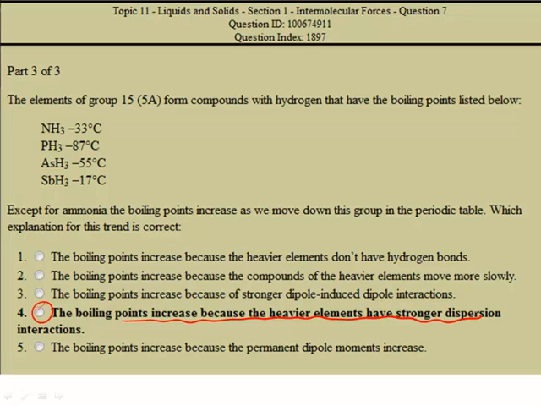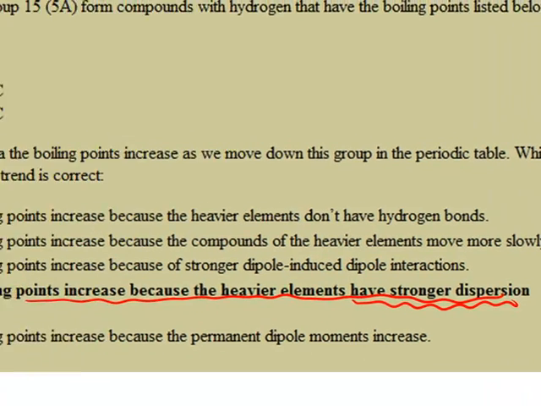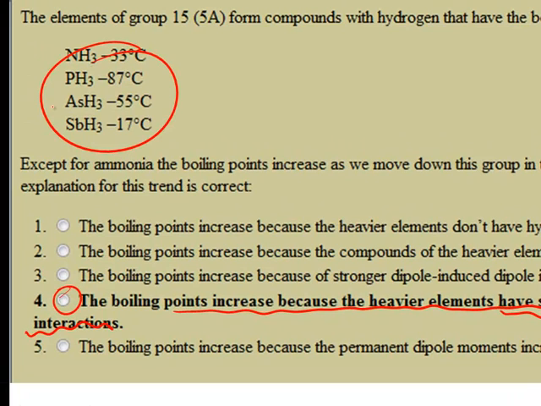That's the thing that I referred to as sloshability, but I said a more correct term would be polarizability, and they're saying a stronger dispersion interaction is the correct answer. And those terms, I agree with their answer, but once again, they have something out of order here.